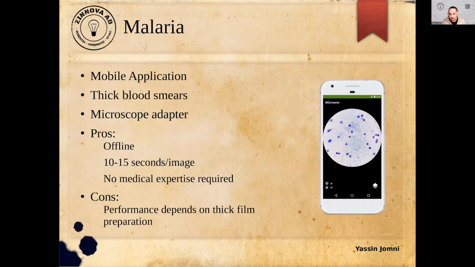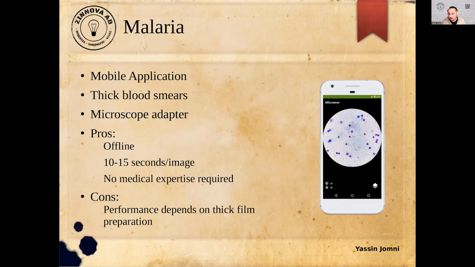And it takes 10 to 15 seconds to analyze an image. If you recall, a couple of slides back, it was 20 minutes for trained personnel to analyze one sample. So it's a tremendous gain of speed. And you don't need any medical expertise either, because the algorithm does the job.